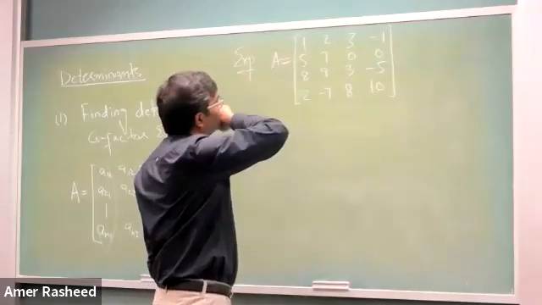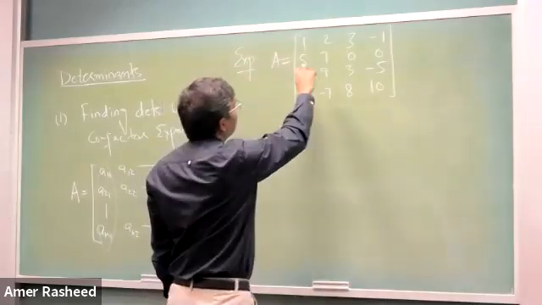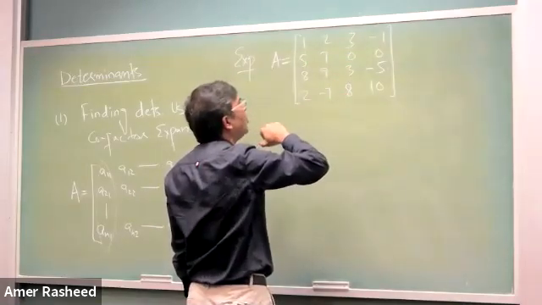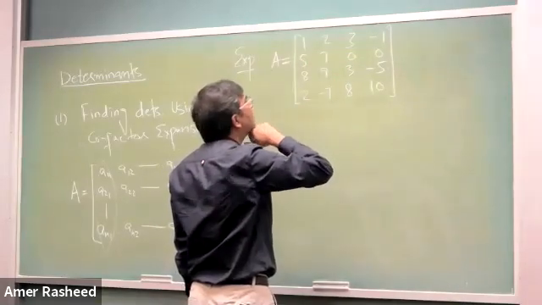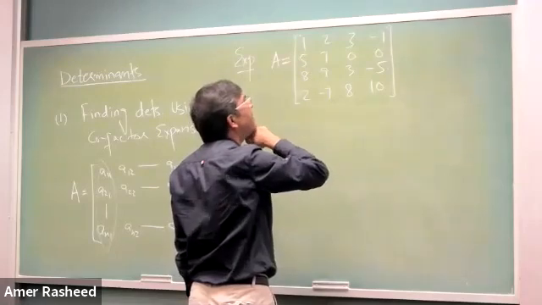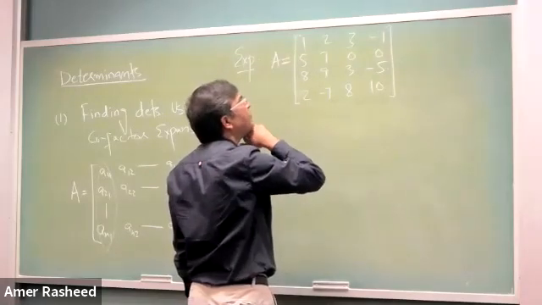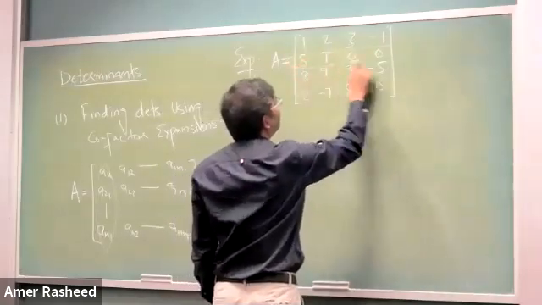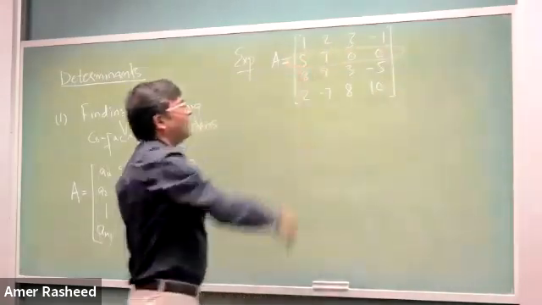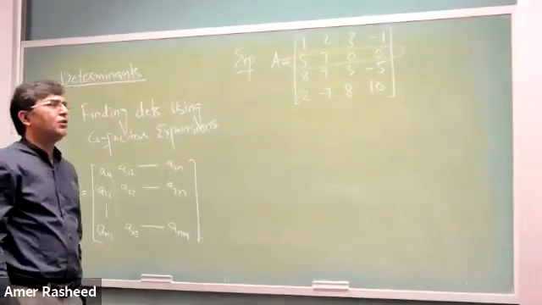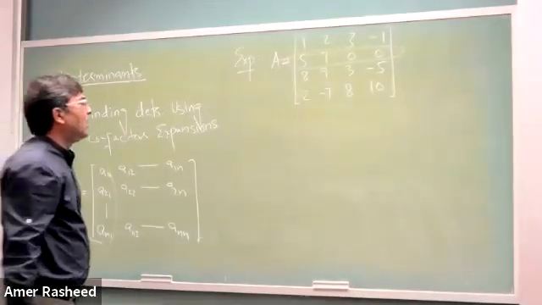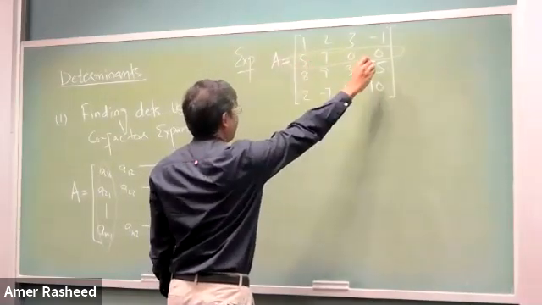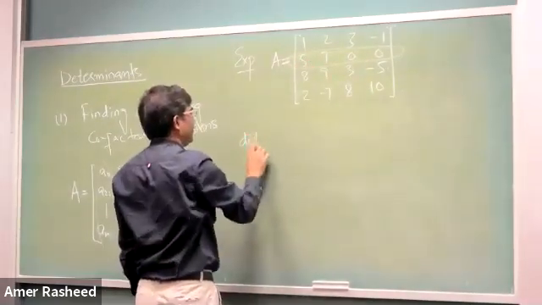By looking at the rows and columns, I would see which row or column makes it easiest to compute the determinant. You can see that there are 2 zeros in the second row. So I would prefer to write the cofactor expansion with respect to the second row.